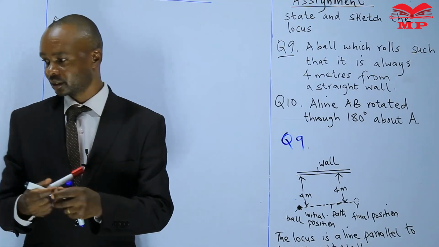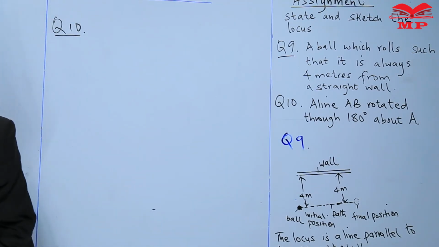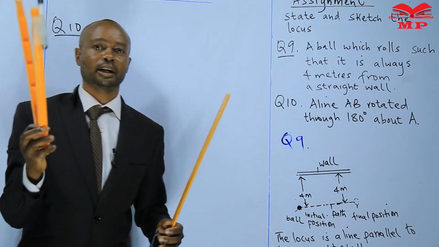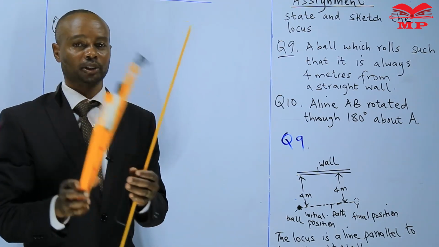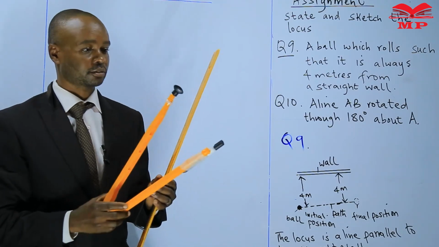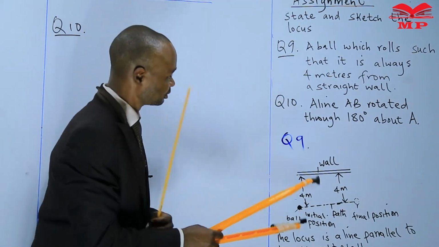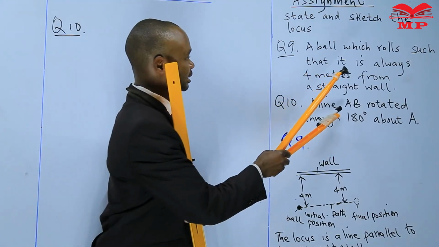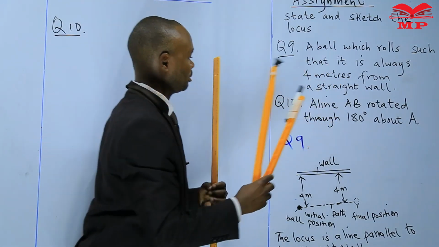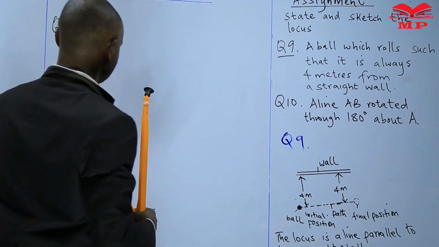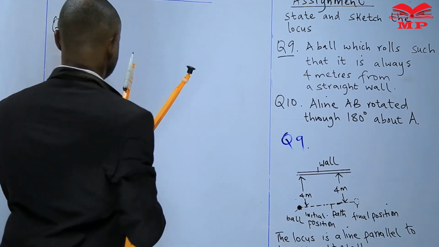We go straight to the sketches, and for the sketches, the instruments play a great importance as you draw. First of all, you identify the line AB.